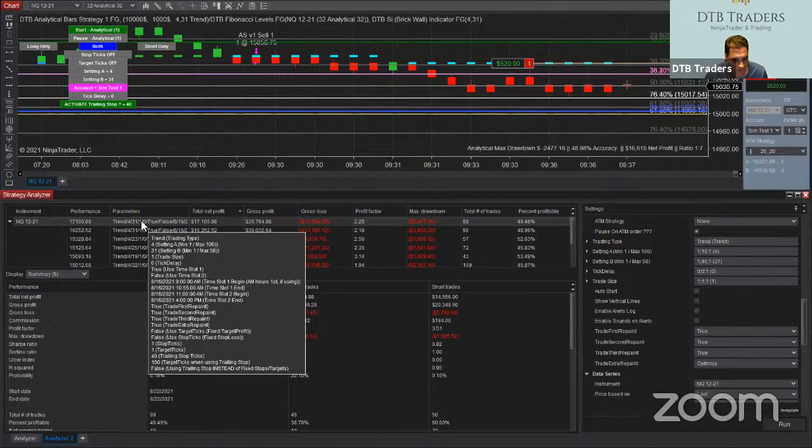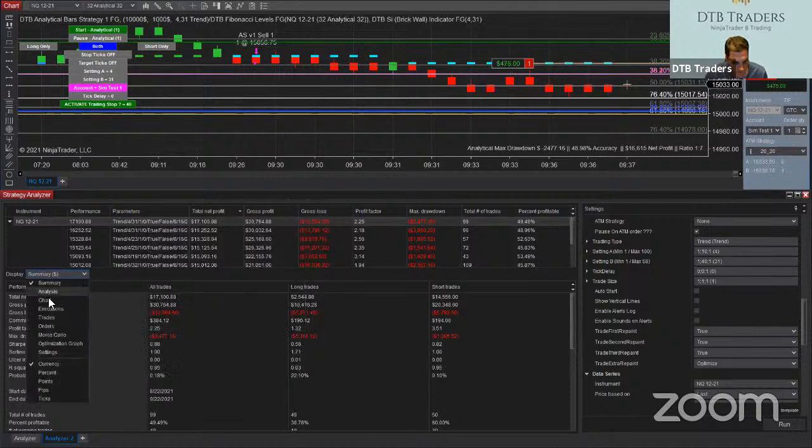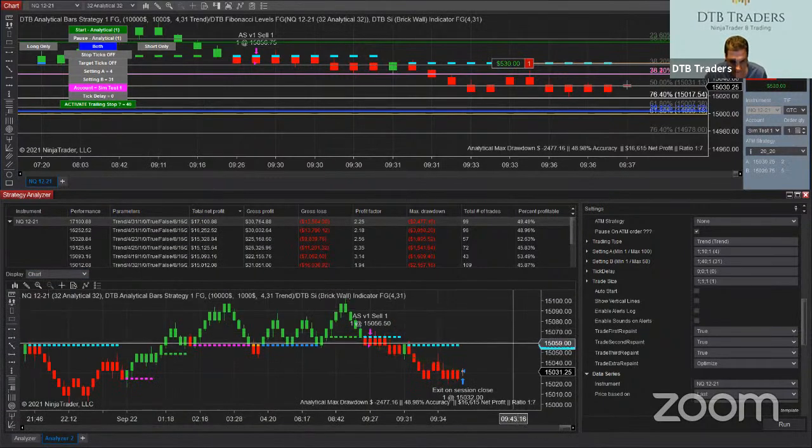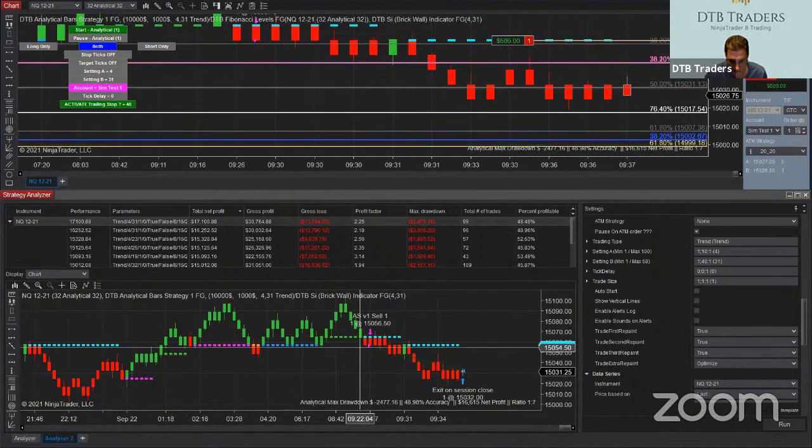If I look at the strategy now and I look at the trading chart, notice how the optimizer is pinpointing the exact location of the trade.